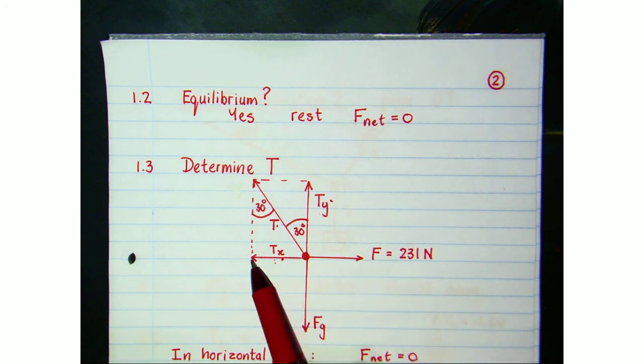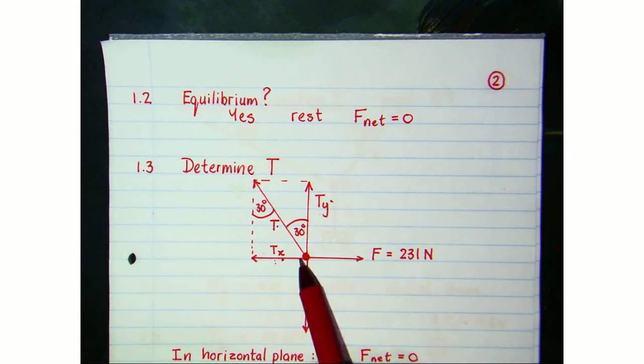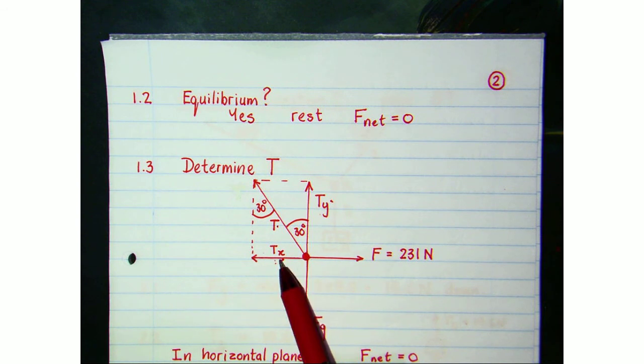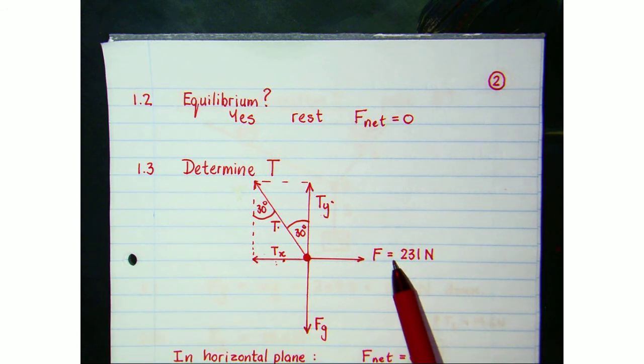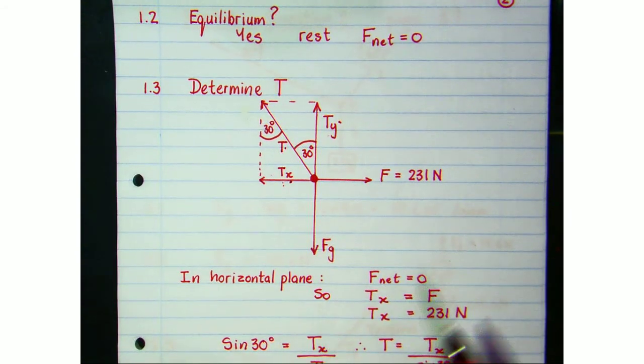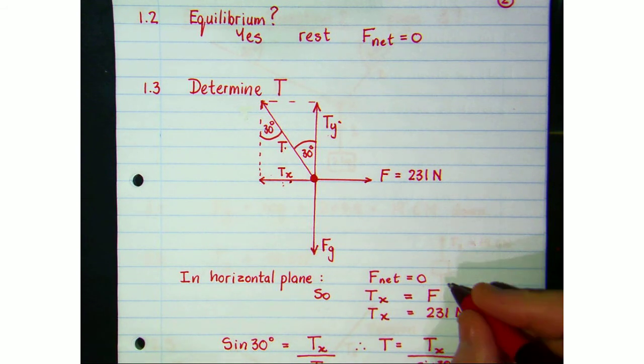Well, once we've established what that horizontal component is, then it should be equal to this horizontal applied force. So in the horizontal plane, we know the net force is 0 because the object is at rest all the time.